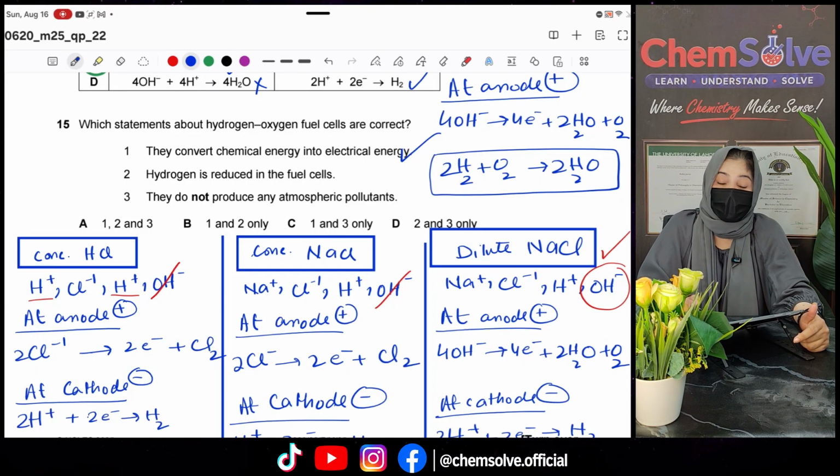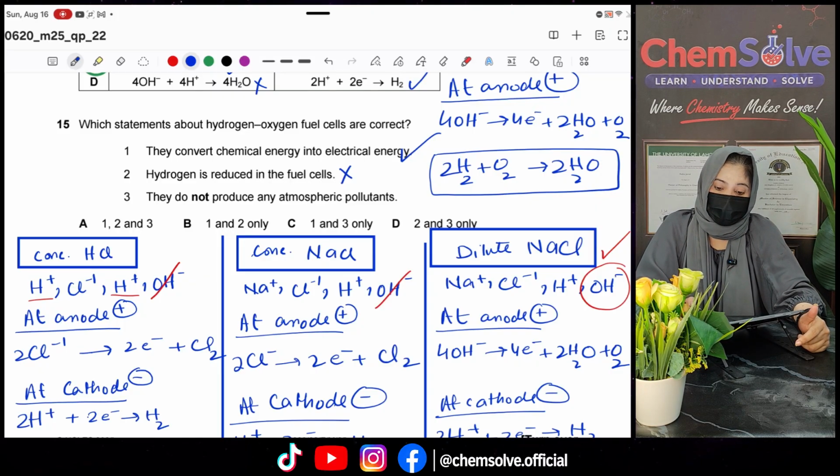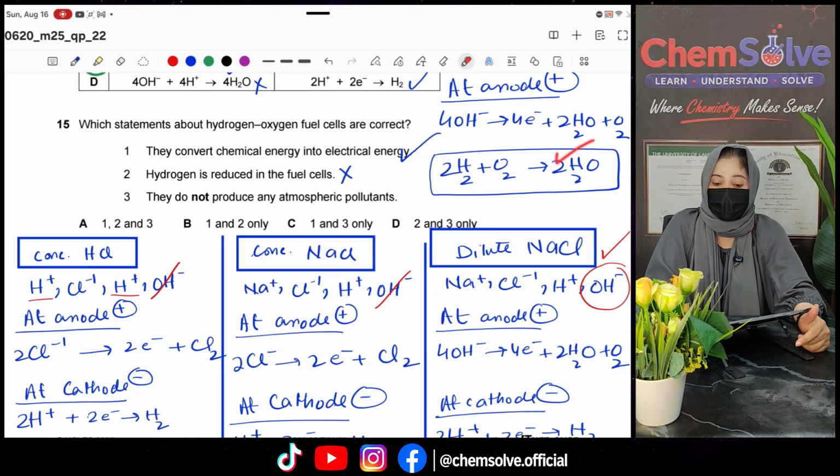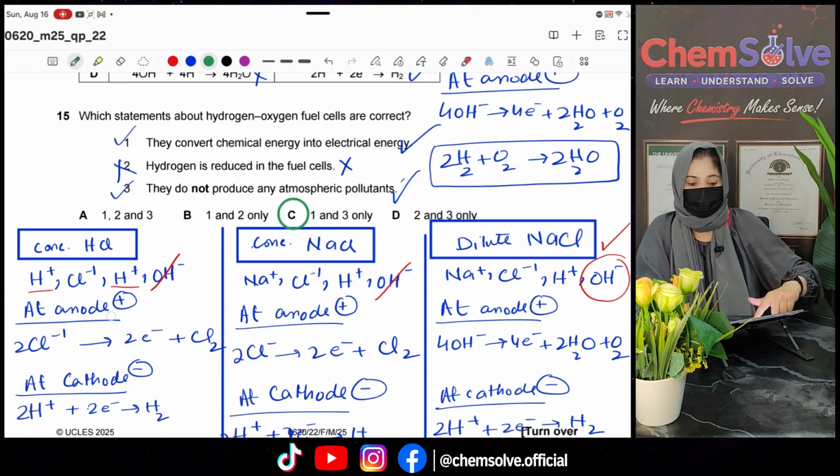So hydrogen is not reduced, it is oxidized. This is incorrect. They do not produce any atmospheric pollutant. We just have seen that it is producing only water, no atmospheric pollutant. So this is also correct. Statements 1 and 3 are correct, 2 is incorrect. That's why C is the correct option.